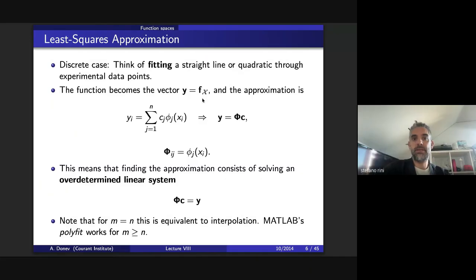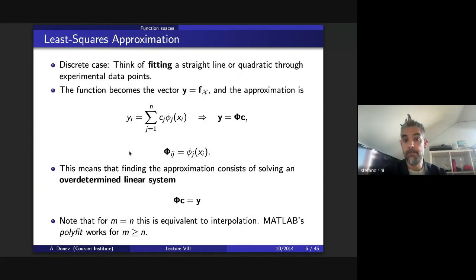Okay, so now if we go back to the case in which we have a set of points in which we evaluate the function, then everything becomes a matrix product, a matrix problem. Why? Because now this y is evaluated on the points over this x interval. These basis functions are also evaluated on this interval, and now we can play around with the dimensions, right?